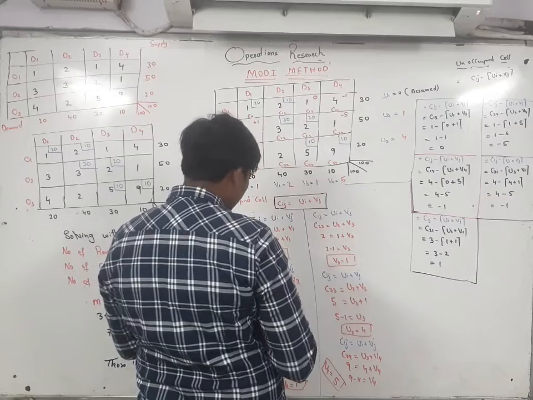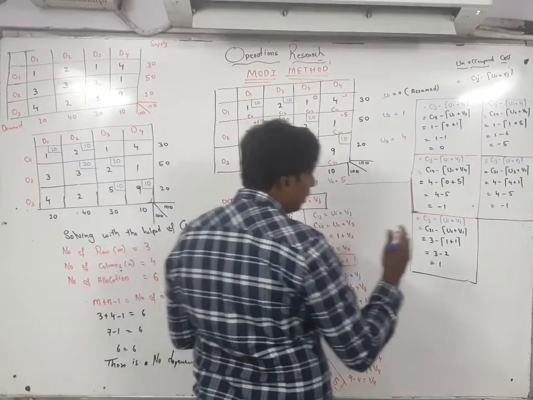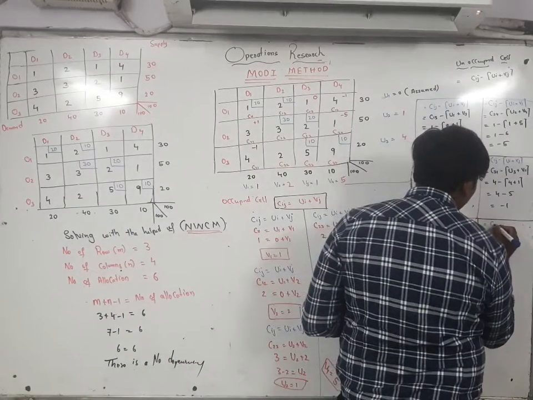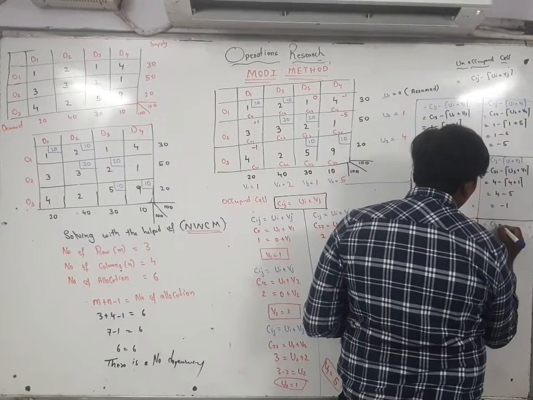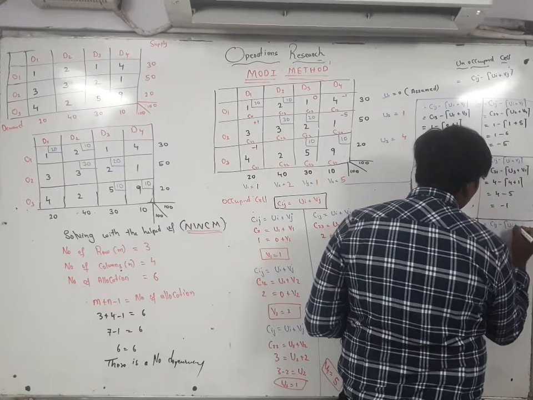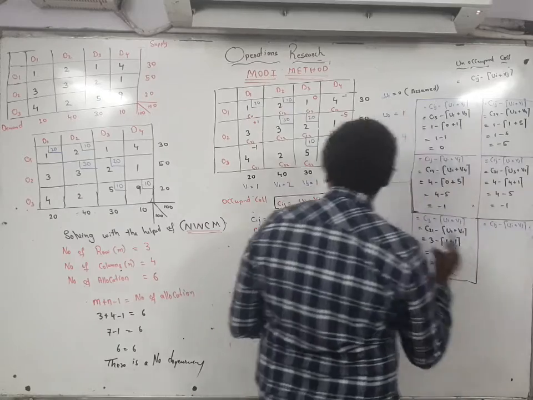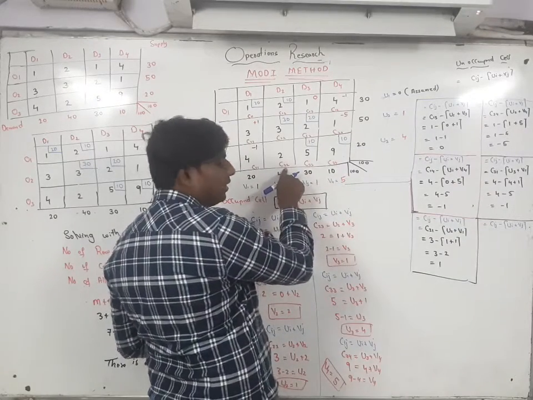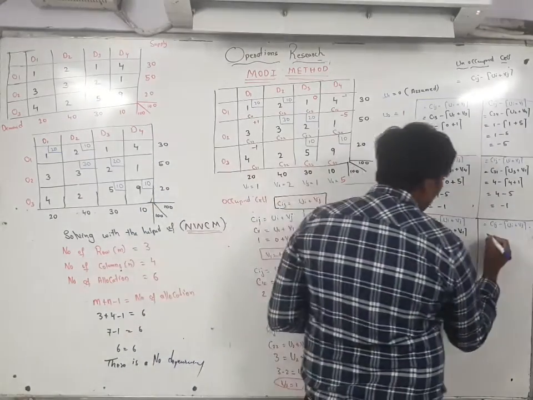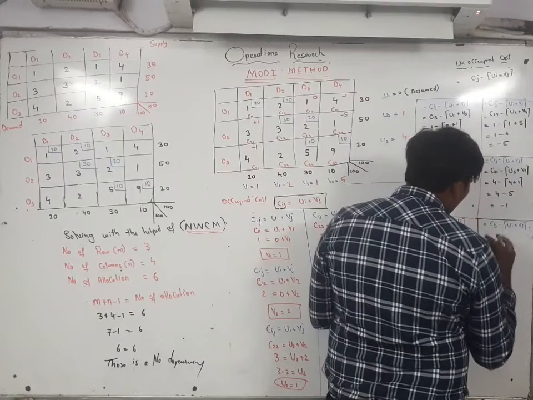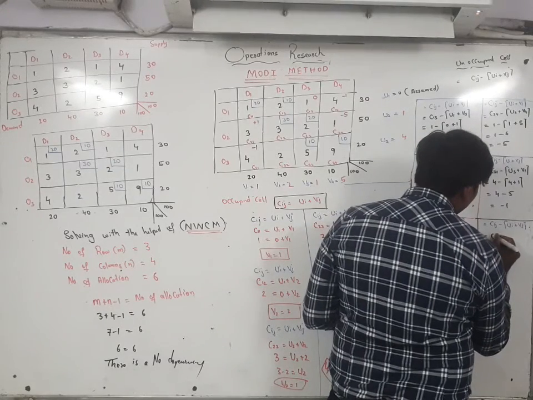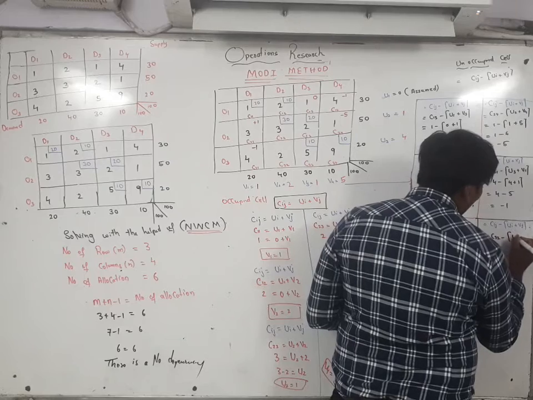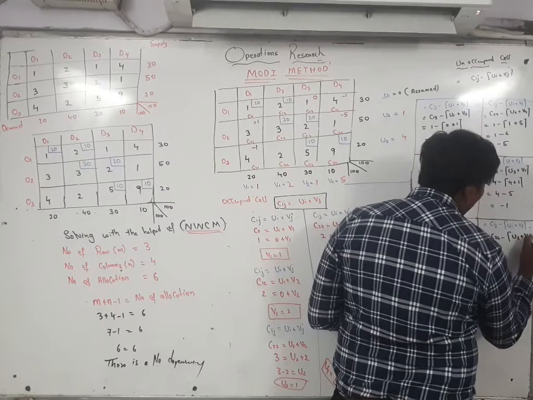Next one is the last unallocated cell, Cij minus Ui plus Vj. What is the name of the cell? C32. So here you can write C32 minus U3 plus V2.